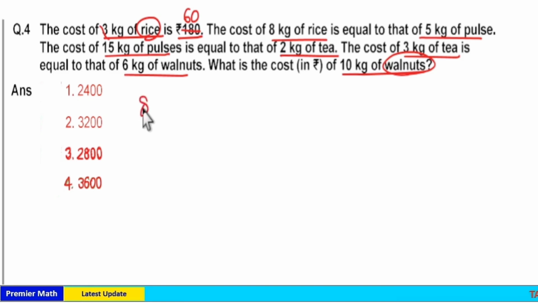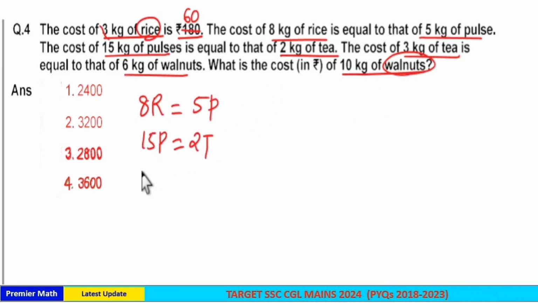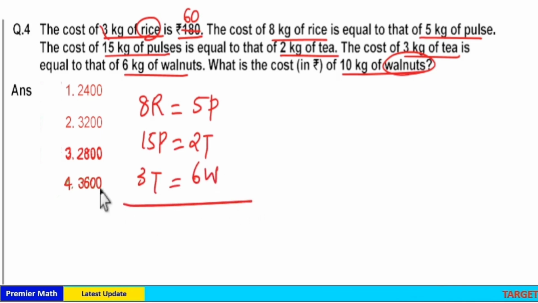Here 8 kg rice is equal to that of 5 kg pulse and 15 kg pulse is equal to that of 2 kg tea and 3 kg tea is equal to that of 6 kg walnut. Now if you take the ratio, you can see here pulse and pulse cancel and tea cancel. Remaining is rice and walnut ratio.